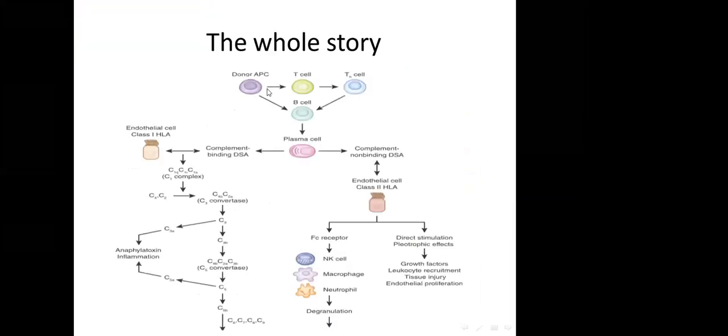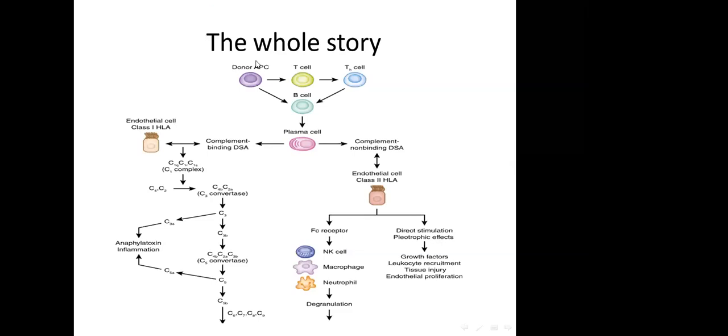Okay? We will summarize the whole story. We have the donor antigen presenting cell, which detects the antigen and presents it to the naive T cell. The naive T cell is stimulated to the effector, and the effectors are of multiple types, but we have T follicular helper, which stimulates and passes the antigen to the B cell.